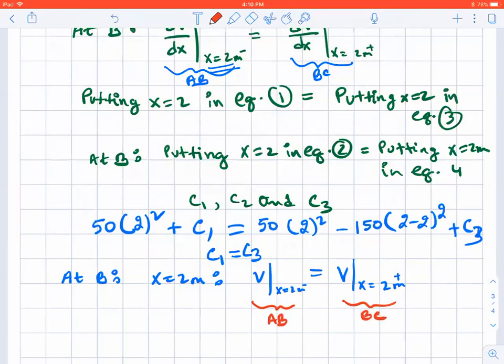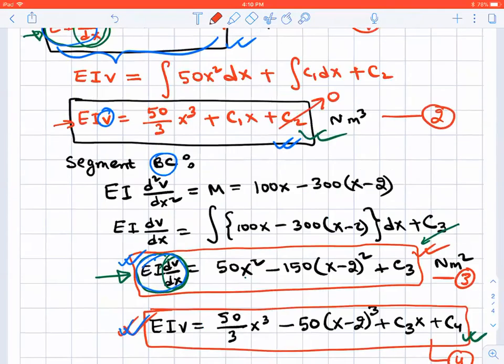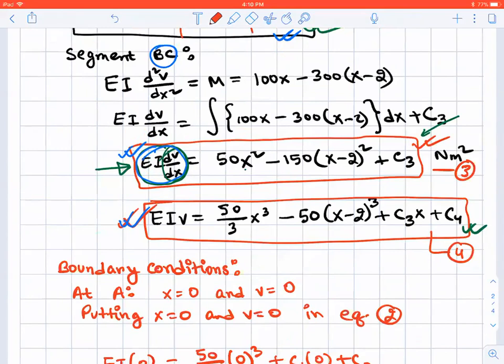So again, I'm going to use equation 2. If I plug in x equals 2, whatever EIv I get must be equal to what I get if I plug in x equal to 2 in equation 4.